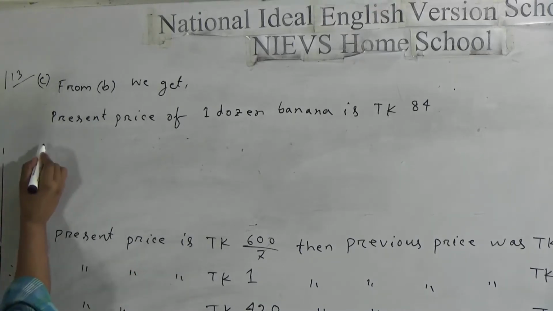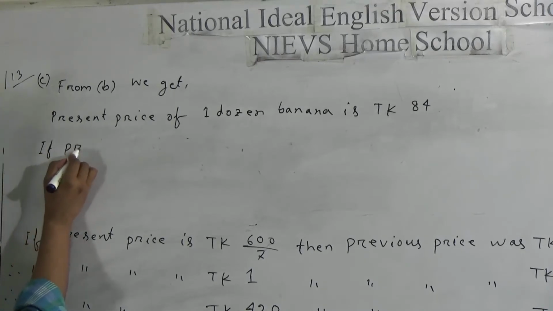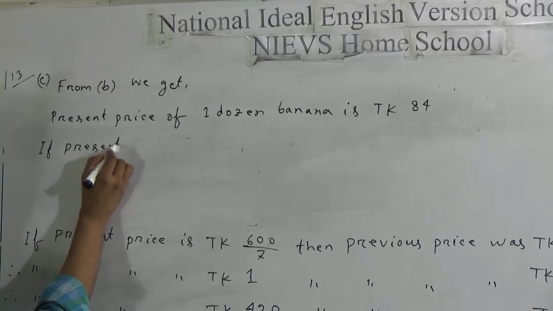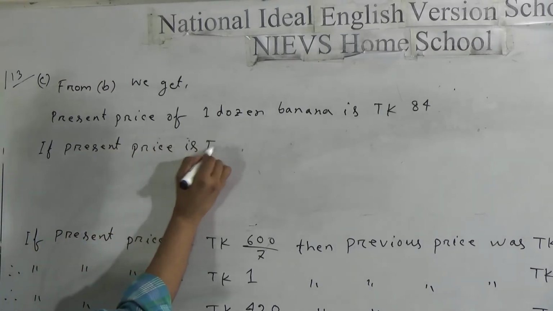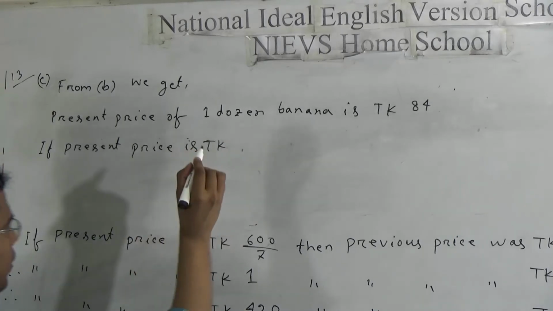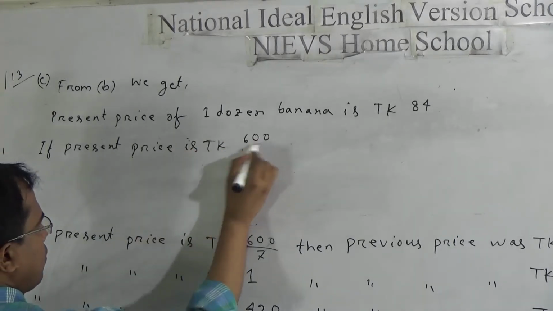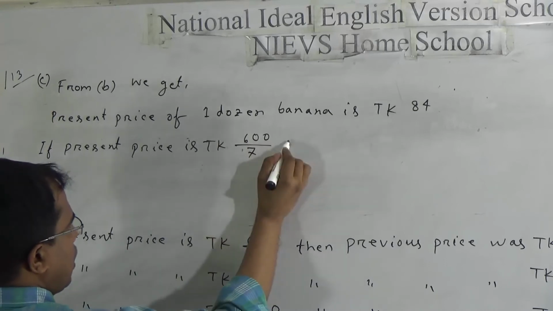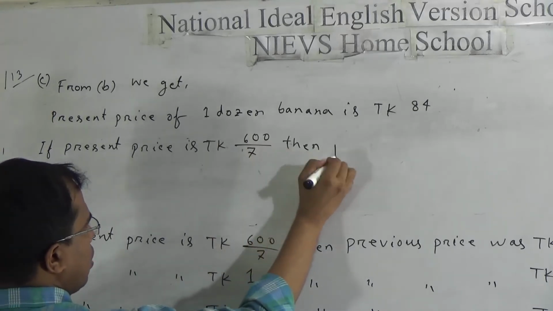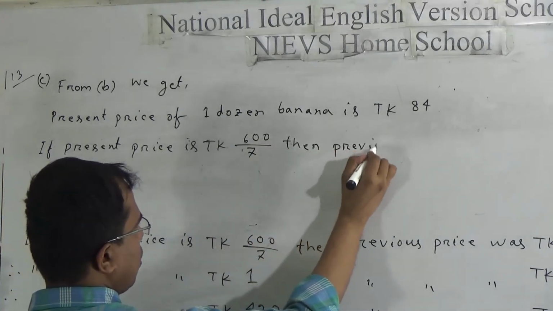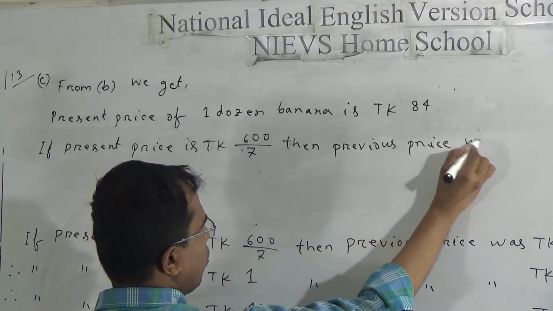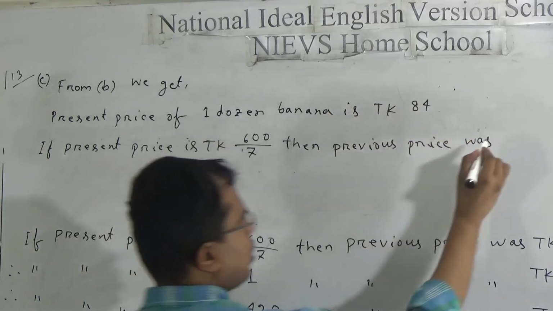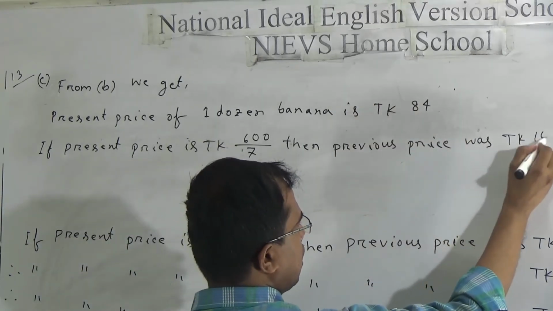If present price is TK 600 by 7, then previous price was TK 100.